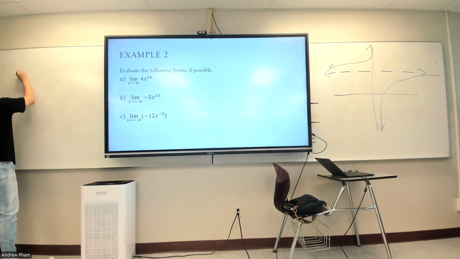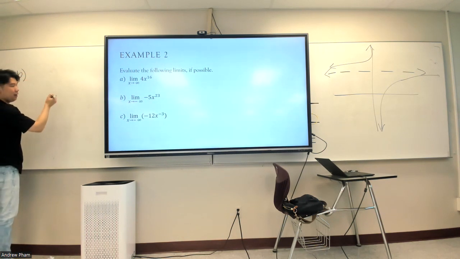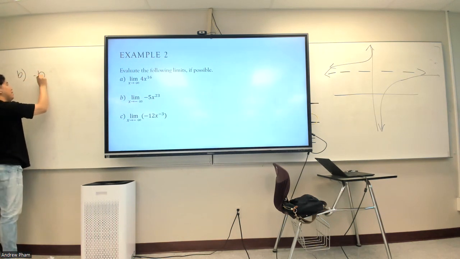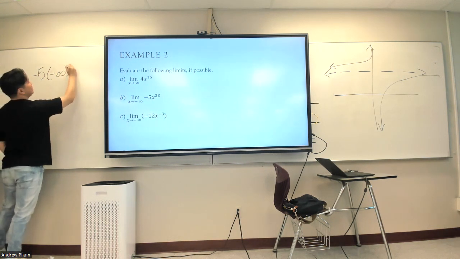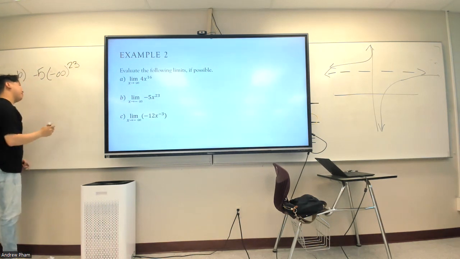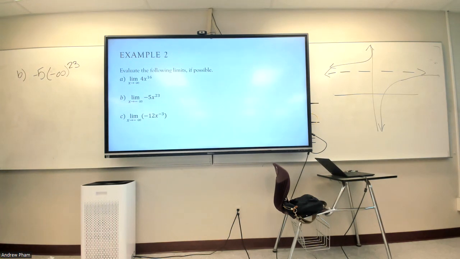So if I try to do this, quote unquote, plug in infinity, again, not very formal of me to say that, we have -5 times negative infinity to the 23rd power. So we're going to deal with this exponent first. What do you think happens whenever I take negative infinity to the 23rd power?